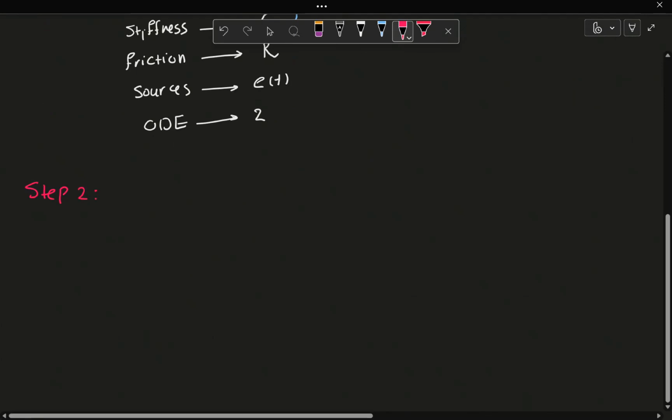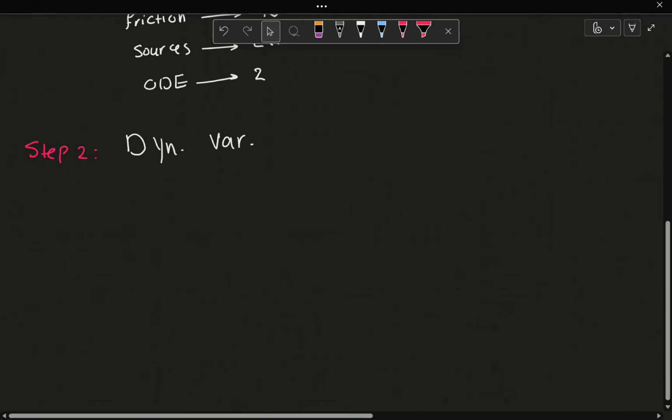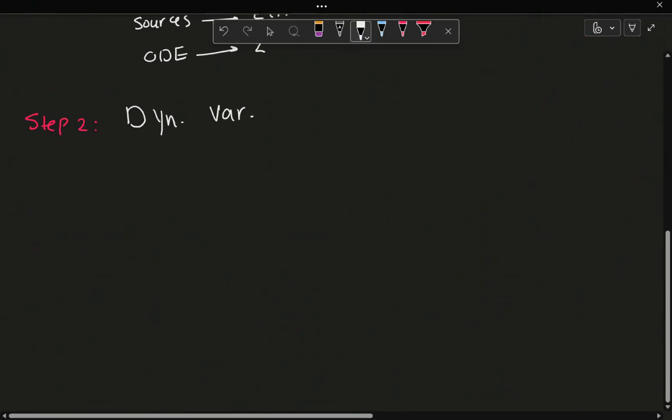I would go to step 2 and list my dynamic variables. For dynamic variables, we are looking at 2 things. First, the voltage across the capacitors, which we show with EC, and then the currents through the inductors. I have 1 capacitor and 1 inductor, so the voltage across that capacitor and the current through that inductor are going to be my dynamic variables.